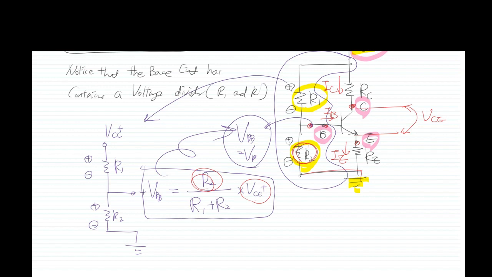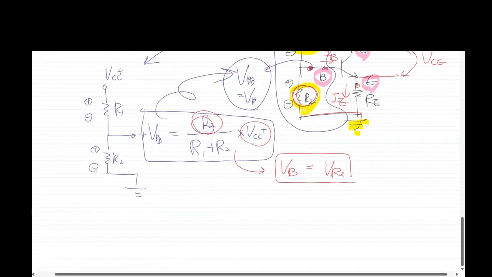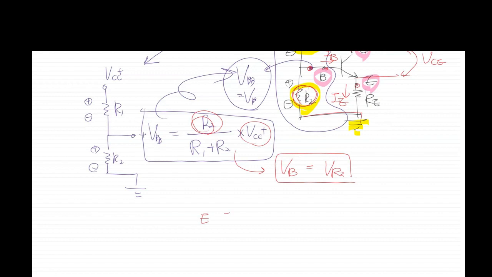So there is one. All right. So that means V sub B is equal to the voltage across R sub 2. Okay. And then V sub E is V sub B minus V sub BE.